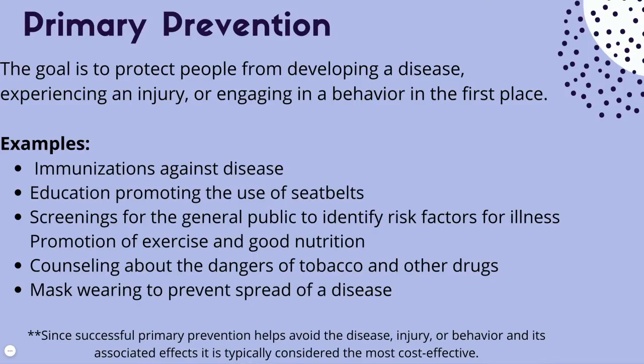Just a little note here: in primary prevention, we're hoping to stop or avoid the behavior or the illness from even occurring. It's considered the most cost effective, right? This is why social work agencies do prevention programs, because when you can target people on this larger scale, you're not going to have to pay for some of these things down the line.